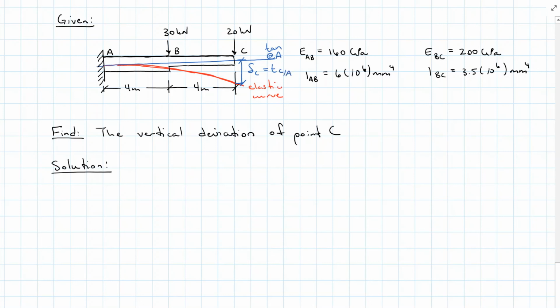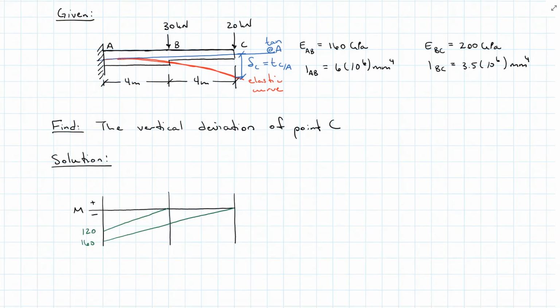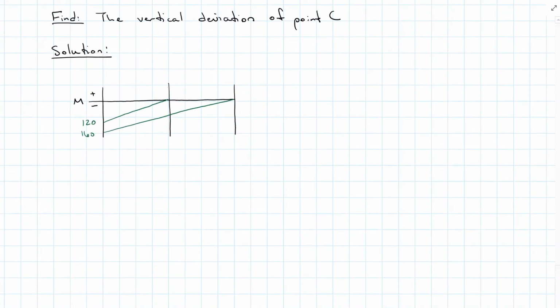All right, this is already fixed today, so let's keep it there for our moment diagram by superposition. So theorem 2, TCA, is all the area between C and A, so that's our entire moment diagram taken about C.